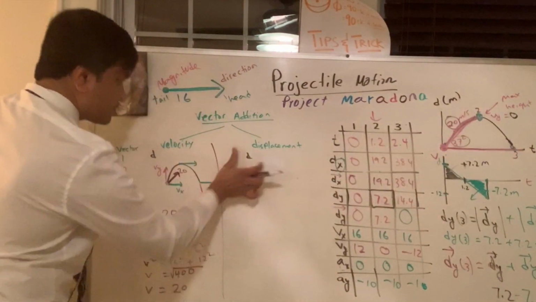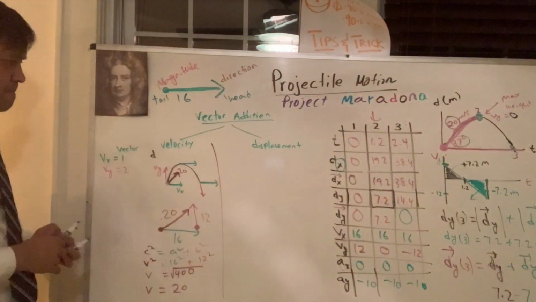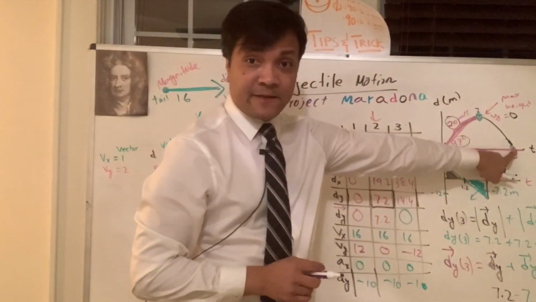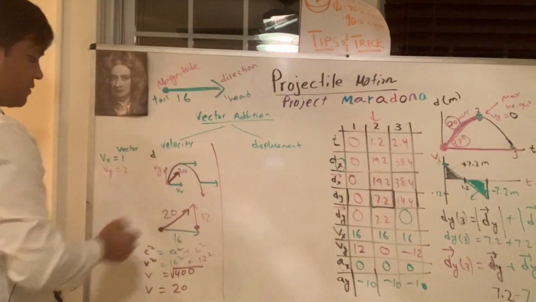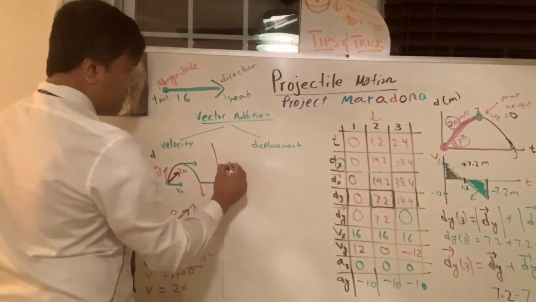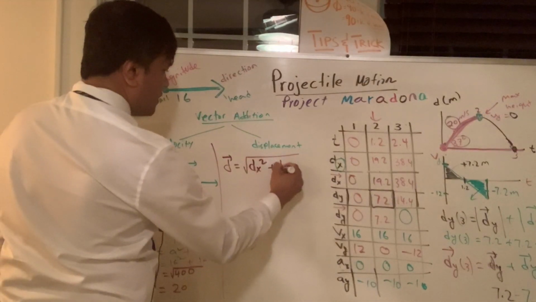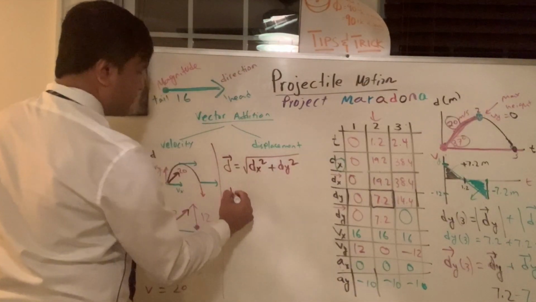All right, so I'm going to now show you the displacement. So the displacement right here, we want to find the displacement right here by Pythagorean theorem. So displacement at location 3, dx square plus dy square.